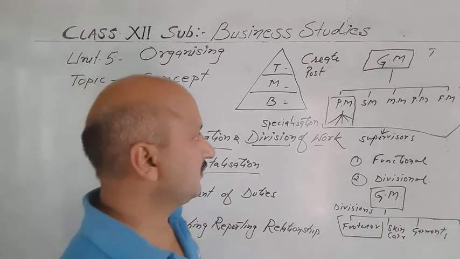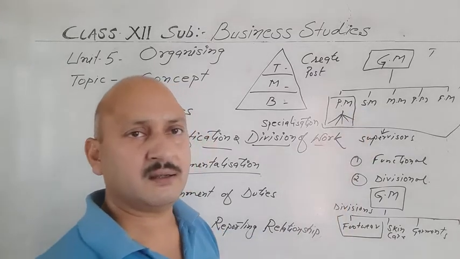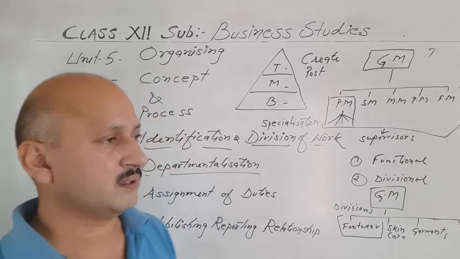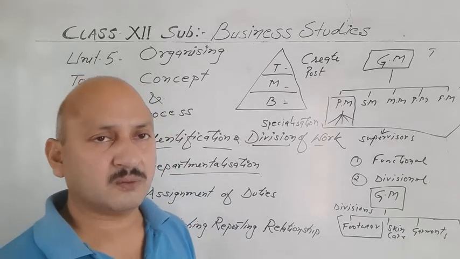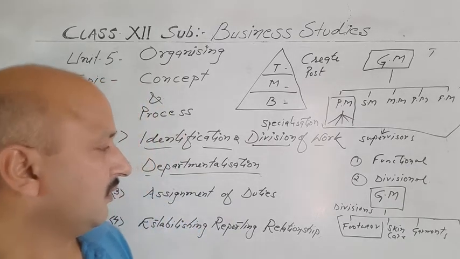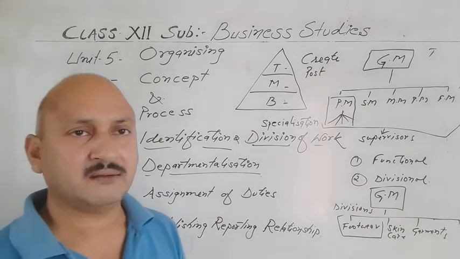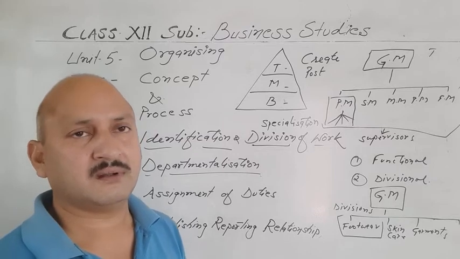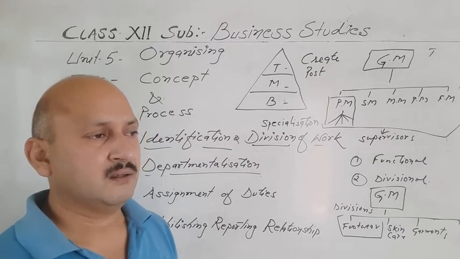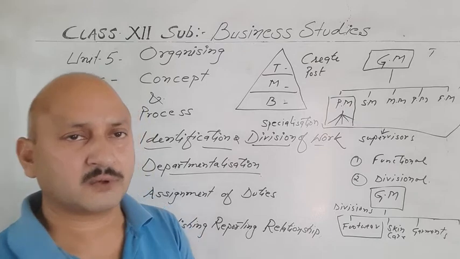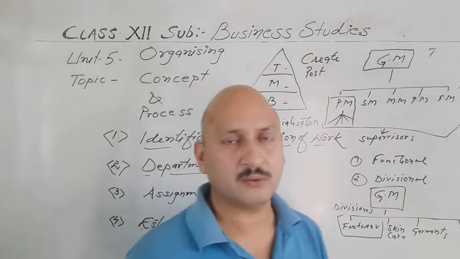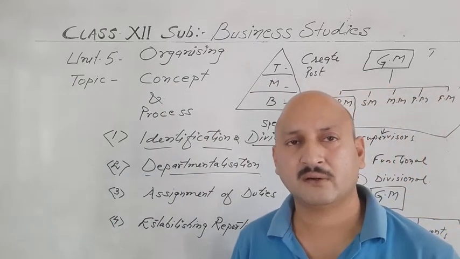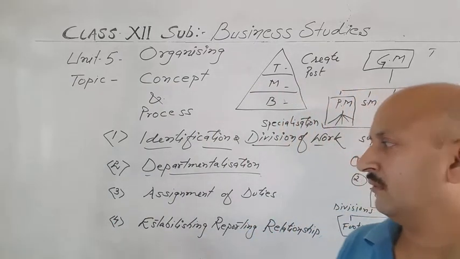Assignment of duties means that for the posts we have created, we have to assign duties to the persons who are holding that post, and we have to clarify everything to them: you are responsible for this much task, and this is how the work will be carried on. The entire process will be told to them so that they can effectively and efficiently contribute to the organizational objective.